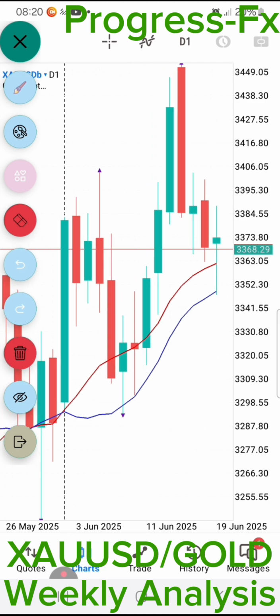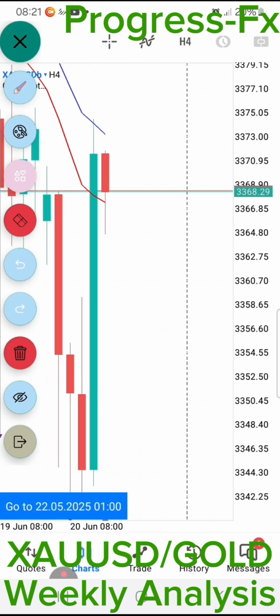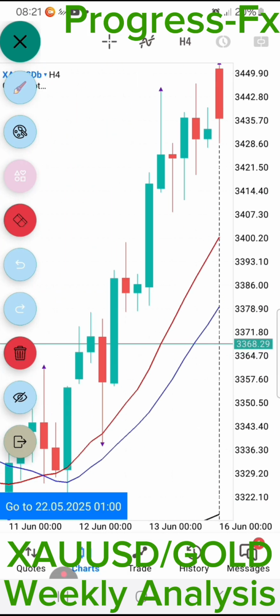The tail of this very candlestick created a very strong demand and supply on H4, this place. Here it is.